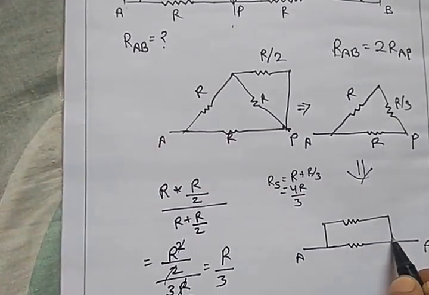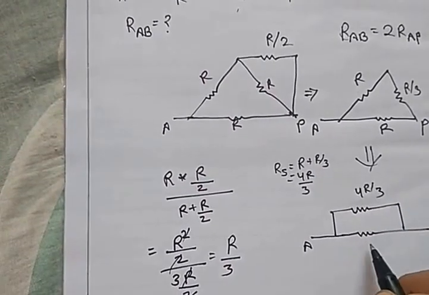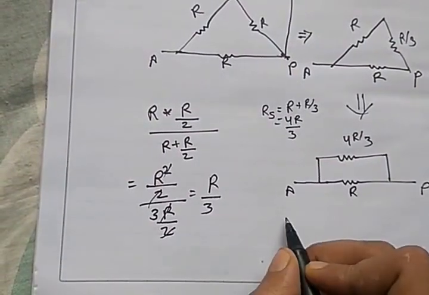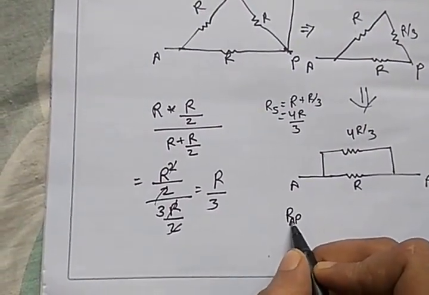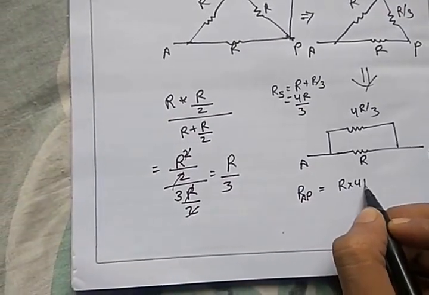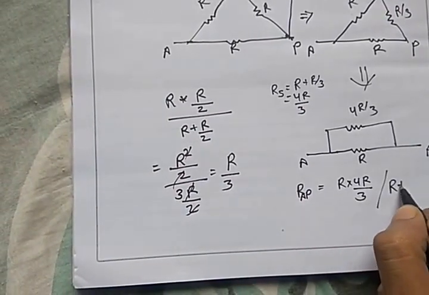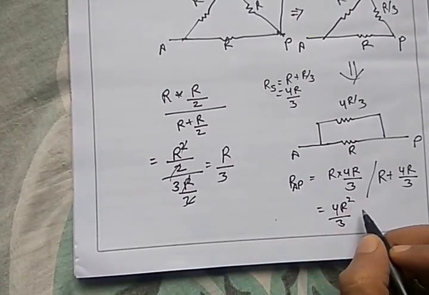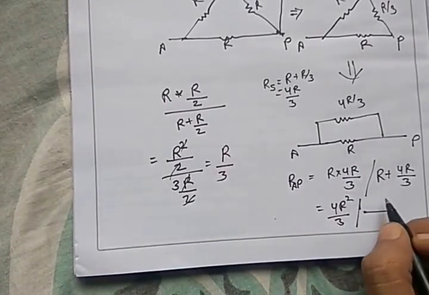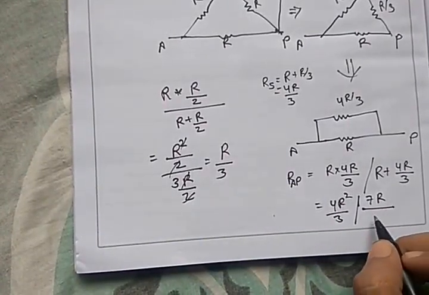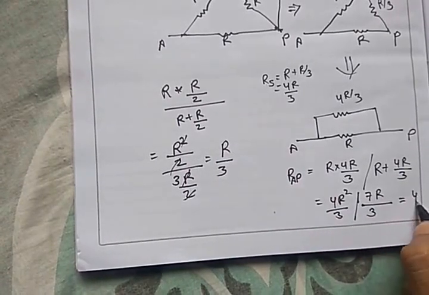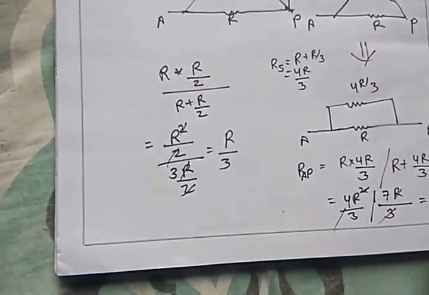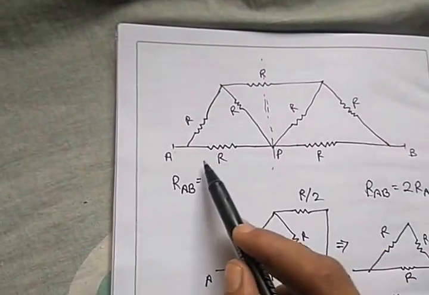So you can write here 4R by 3, and this is R. Now these two resistances are in parallel, so RP or RAP equals R into 4R by 3 upon R plus 4R by 3, that is equal to 4R square by 3 upon 7R by 3, equal to 4R by 7. So RAP equals 4R by 7.